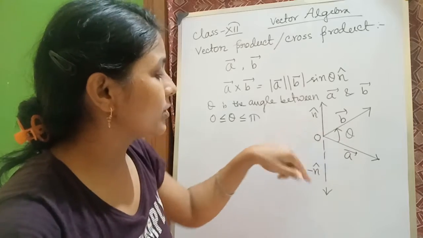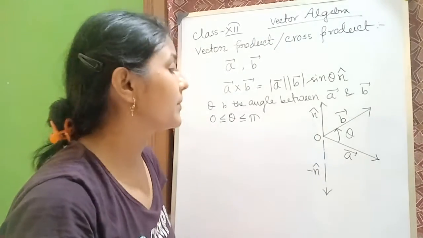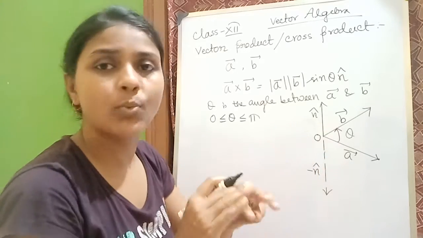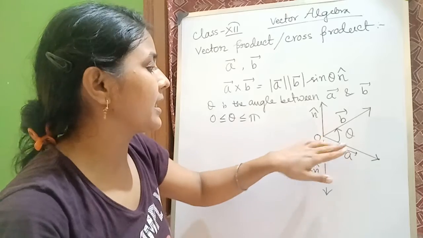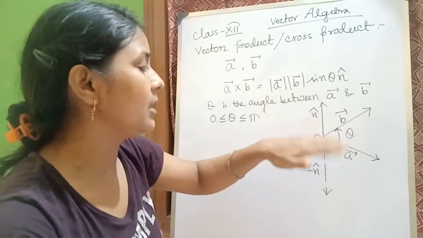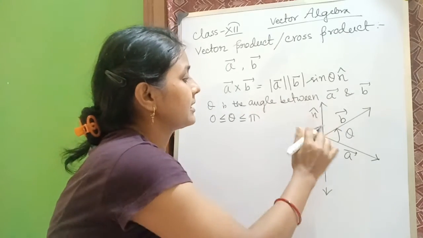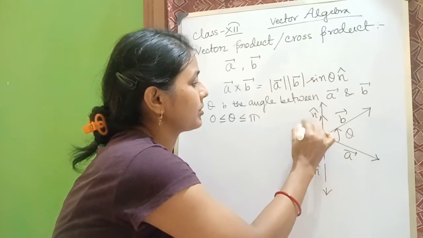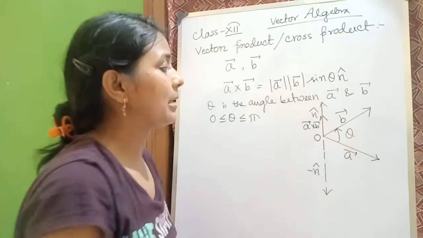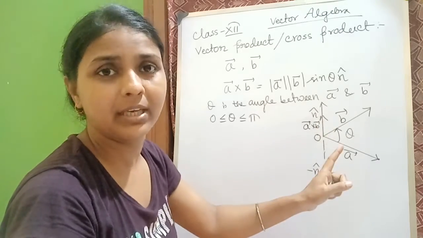Now this is called the right-handed screw system. Right-handed screw system means that A and B are in one plane. When you are taking A cross B, that means the cross product from A to B, the result, the vector A cross B, will be perpendicular to both the given vectors.